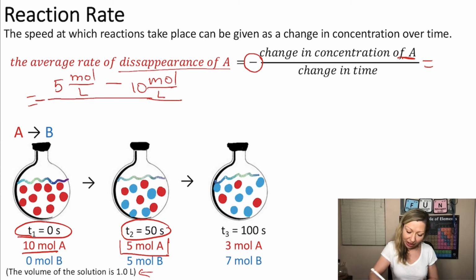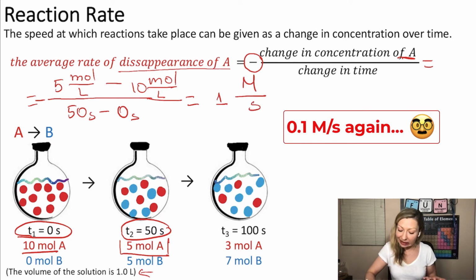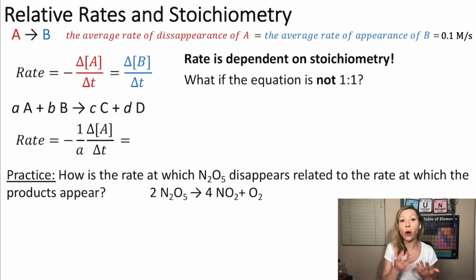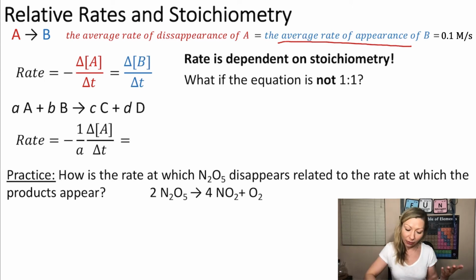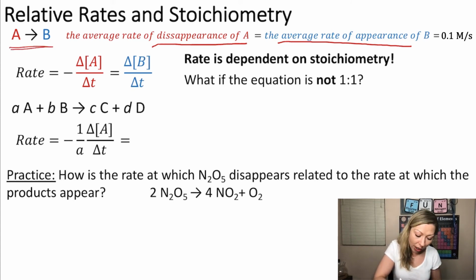And what is the change in time? Again, 50 seconds minus 0 seconds. If you do this calculation, you are going to get 0.1 molarity per second. This is exactly the same value that I got for the average rate of appearance of B. So in this case, the average rate of disappearance of my reactant and the appearance of my product equal the same value. Why? Because my reaction stoichiometry is 1 to 1.